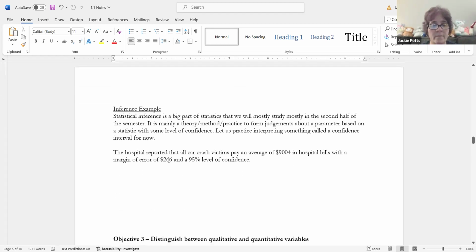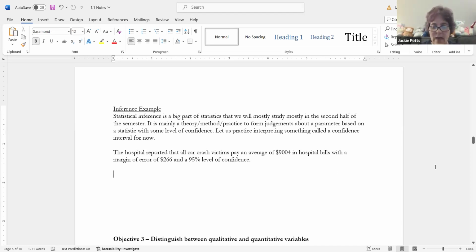Now, inference example. The hospital reported that all car crashes pay an average of $9,004 in hospital bills with a margin of error to 95%. So what does that mean? Well, you need to understand this because it becomes a big portion.